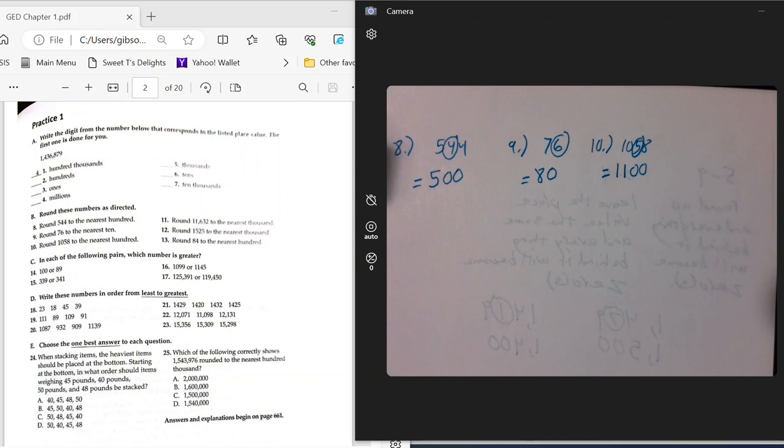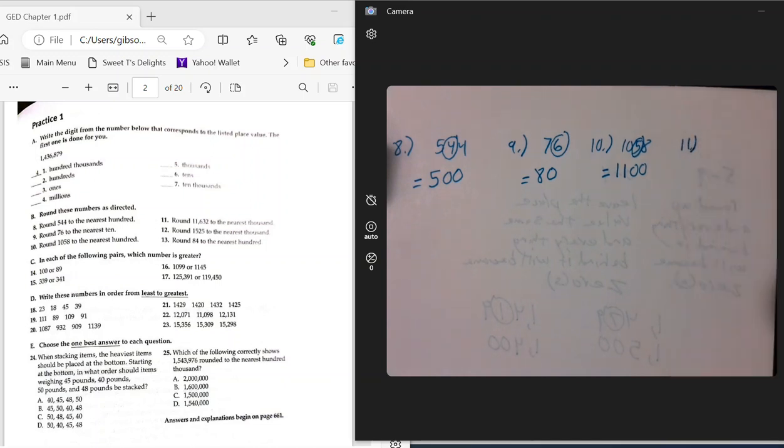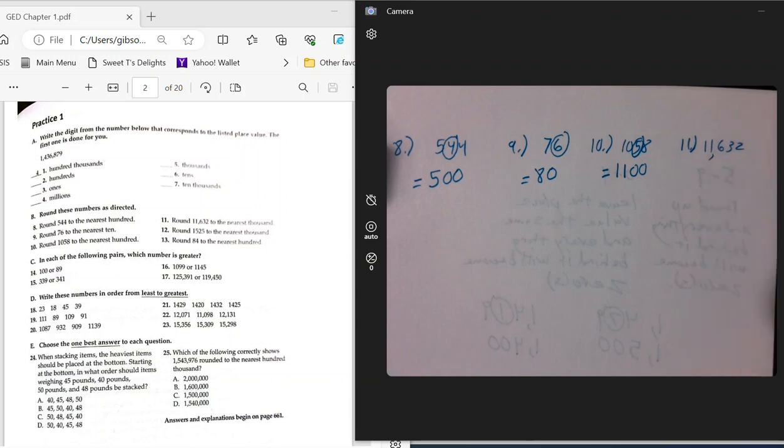Okay, so now we move on to 11. Number 11, it says round 11,632 to the nearest thousand. So we have to determine where the thousands place is.